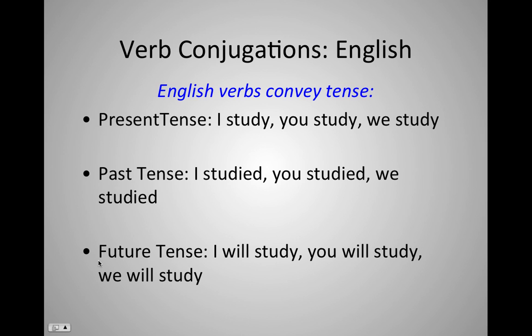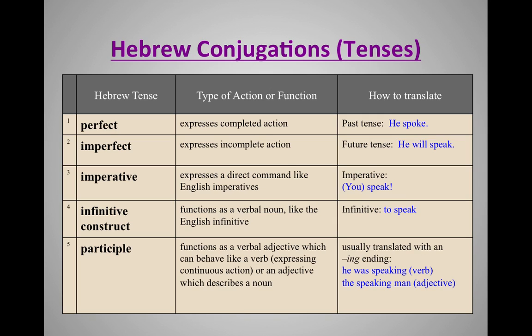And our third basic tense in English is future tense. Some sample phrases: I will study, you will study, and we will study. In all of those sample phrases, the action has not yet happened. It will happen at some point in the future. So in English, these are our 3 basic tenses.